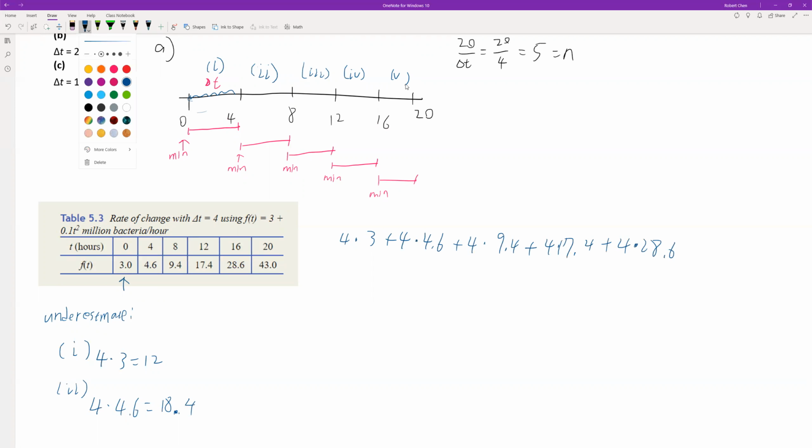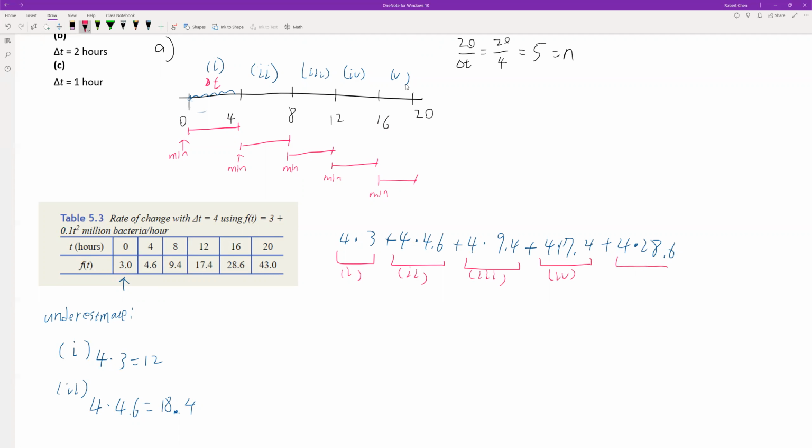So 4 times 3 represents part 1. 4 times 4.6, that's part 2. 4 times 9.4, that's part 3. 4 times 17.4, that's part 4. And 4 times 28.6, that's part 5. If you take a look at part 5, our last time interval between 16 and 20, the minimum amount of bacteria will happen at hour 16, which is 28.6.